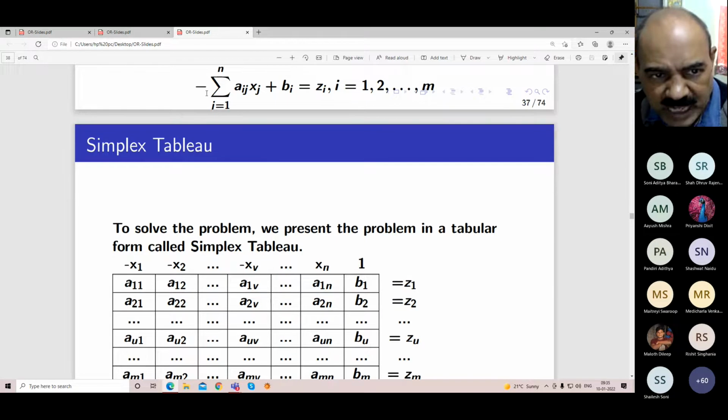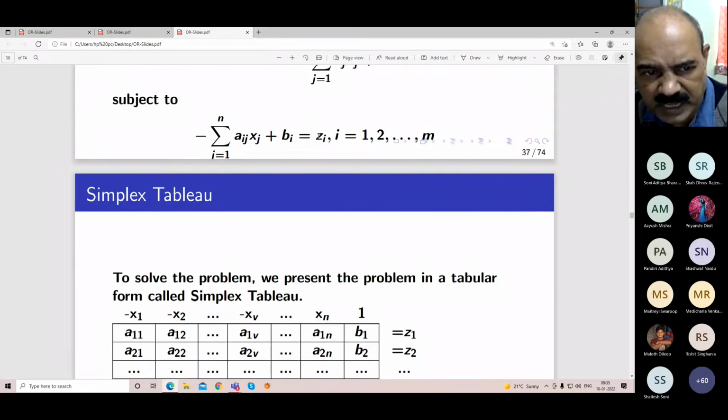So with respect to this constraint, what we are writing here is the equation. You can see here a11 into minus x1, a12 into minus x2 and so on. Finally, b1 into 1 equal to z1.